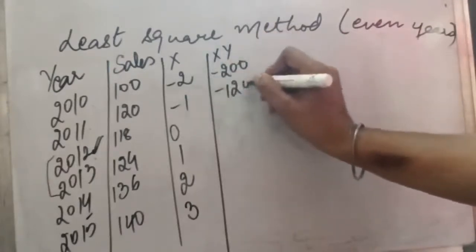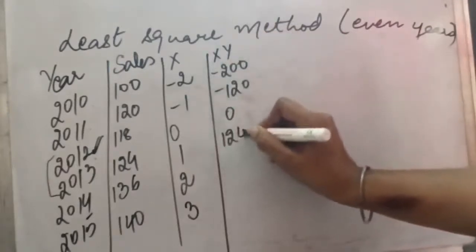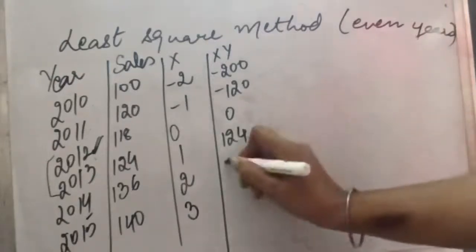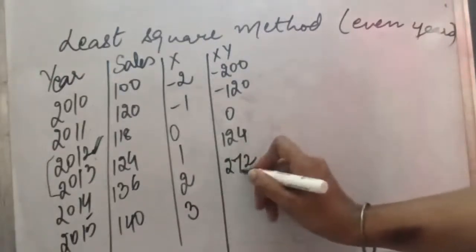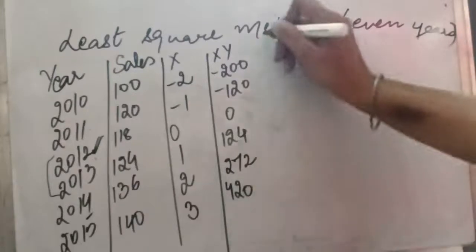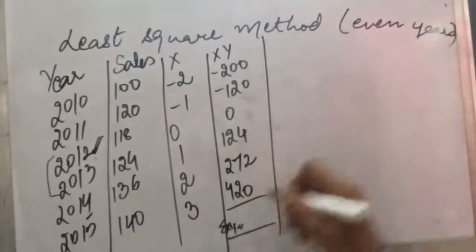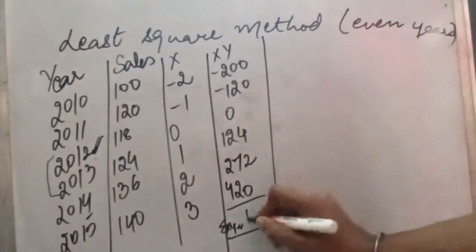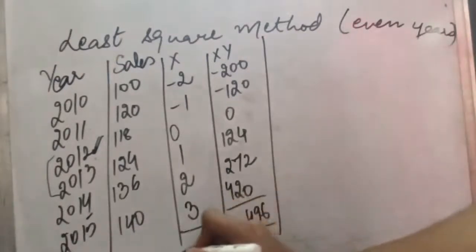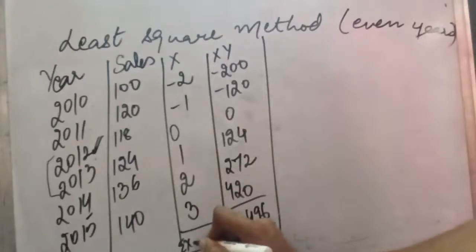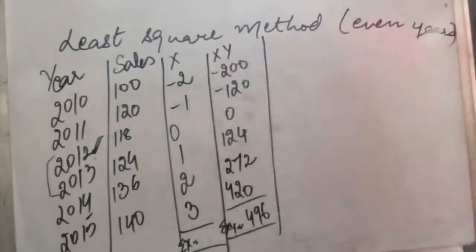These will be the values that we will get. 136 into 2 will be 272, and 420. So our sigma xy in this case will be 496. You will observe that now sigma x is not 0 because we have not taken the base as the center.